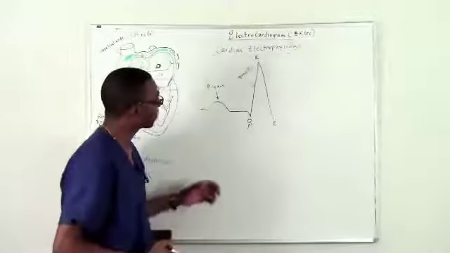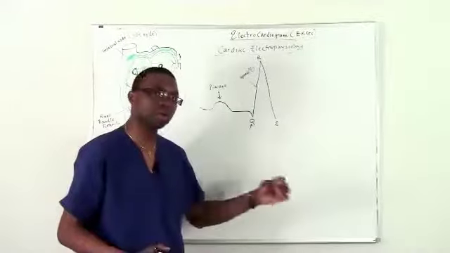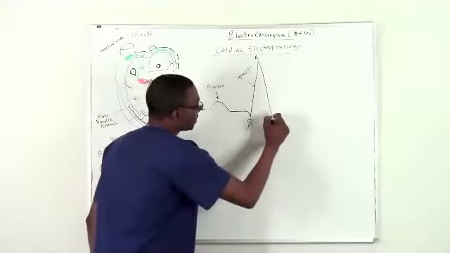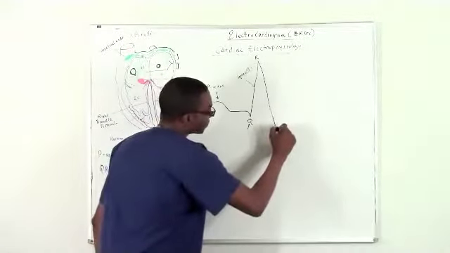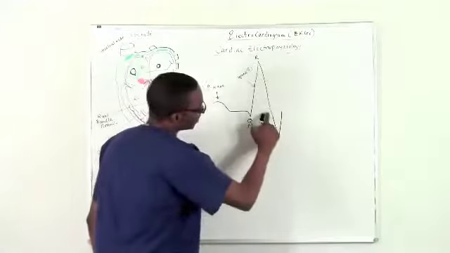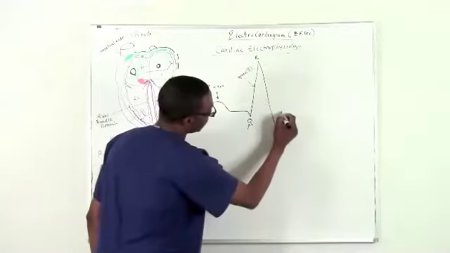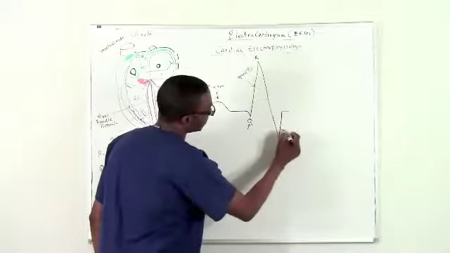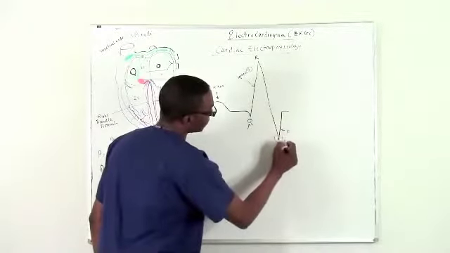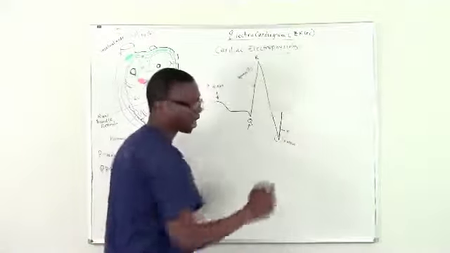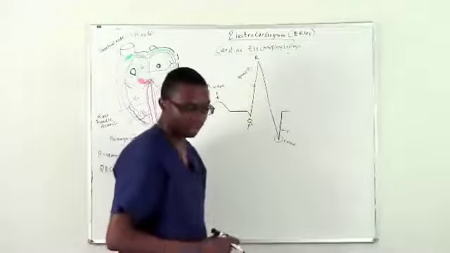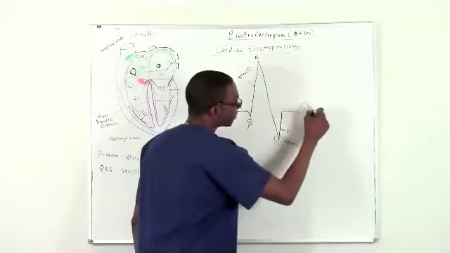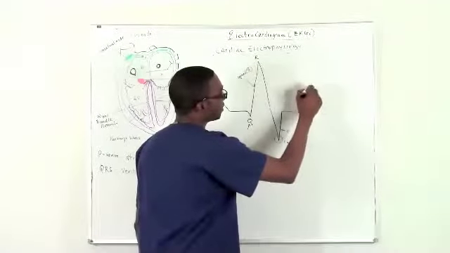Then, I'm going to keep talking before we come back later. So, this is an S wave. See this upward slope here? This is an S wave. QRS complex. And after that, we have a T wave.